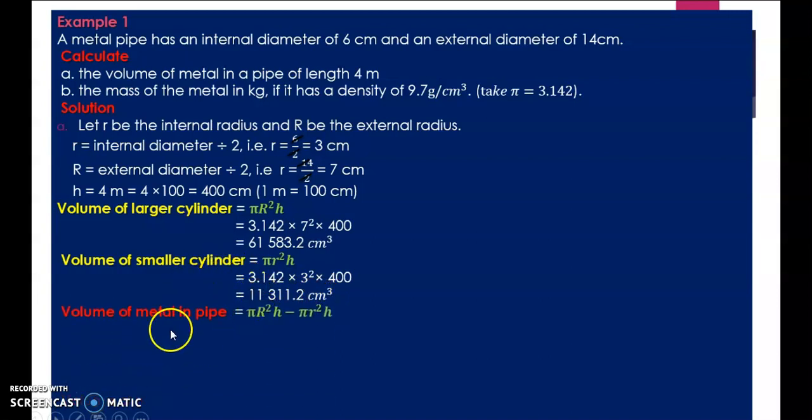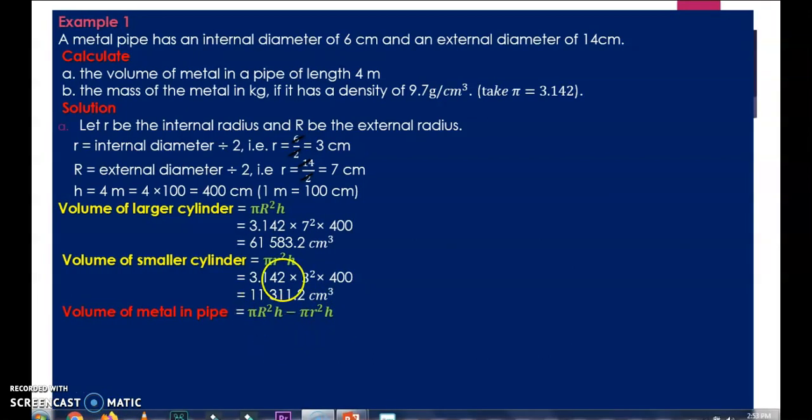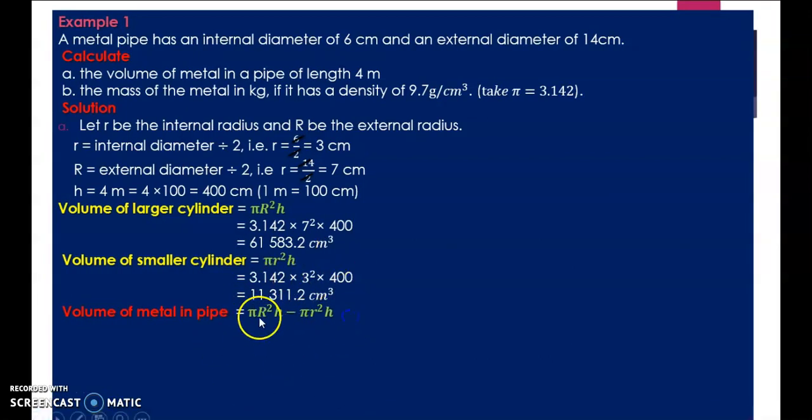Now let's get the volume of the metal in the pipe. If you could recall our formula for finding the volume of metal in a pipe, the formula is pi big R square H minus pi small r square H. Now let's quickly substitute in the volume of the larger cylinder and the smaller cylinder into this equation here.